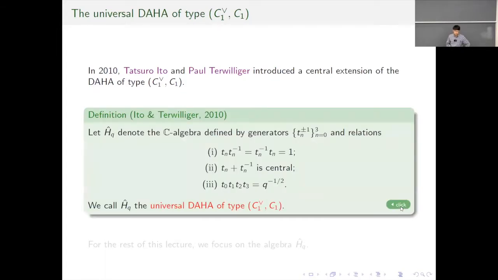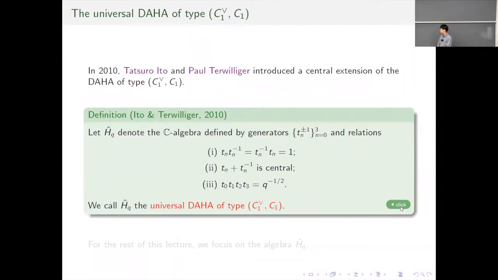In 2010, Ito and Terwilliger introduced a central extension of the DAHA of type C1-check C1. Let me denote such an algebra H_q hat. H_q hat is the C-algebra defined by generators and relations, as you see there.